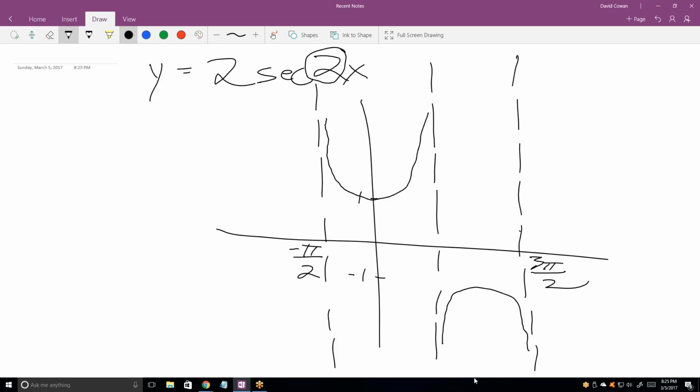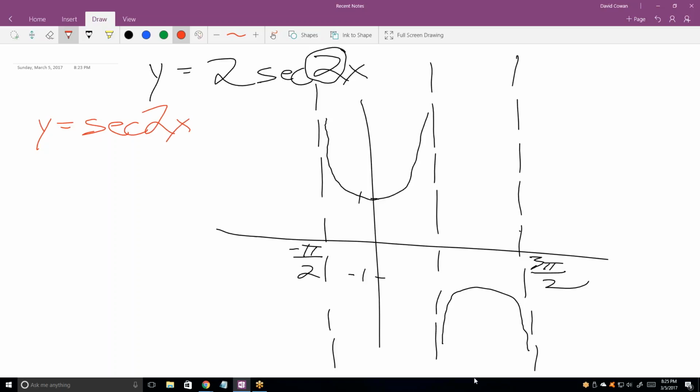The period changes. Okay. What's the new period? Pi. Okay. How does that affect my graph? In other words, in red, let's do y equals secant of 2x. It's horizontal stretch. Horizontal shrink. Remember that it does the opposite of this 2.